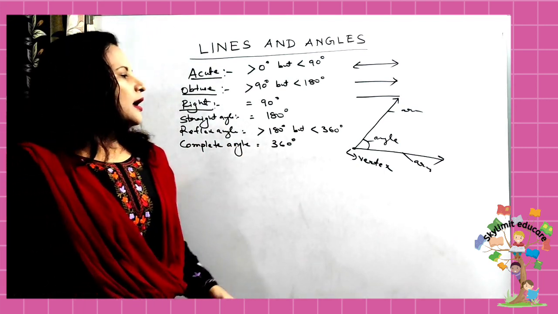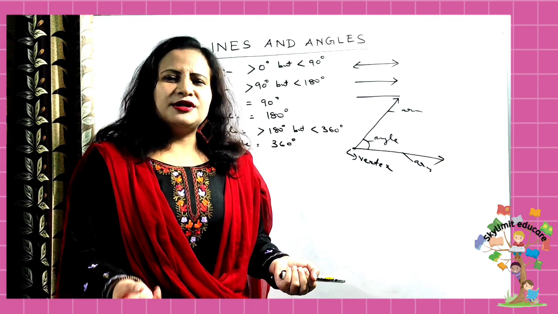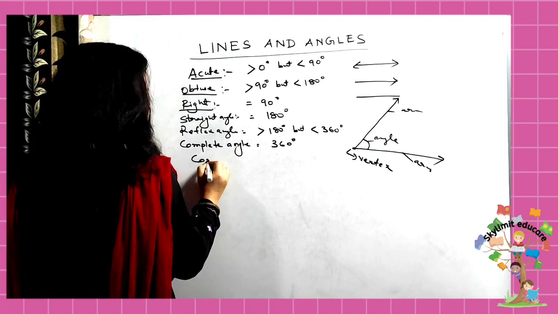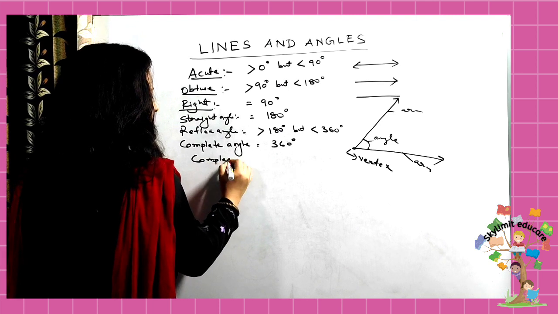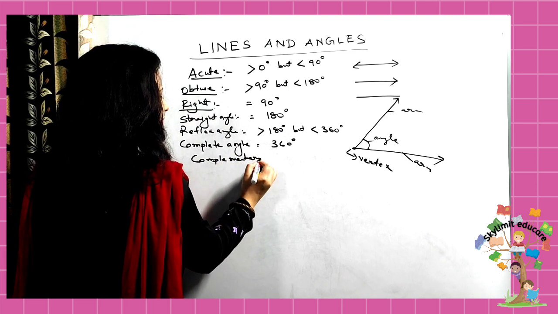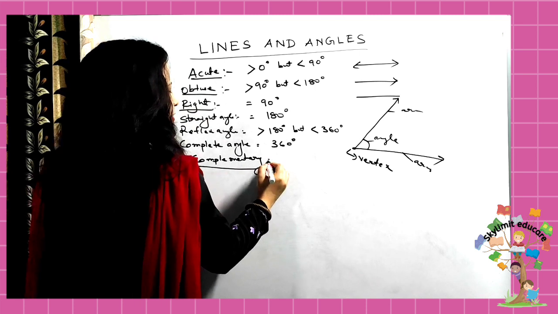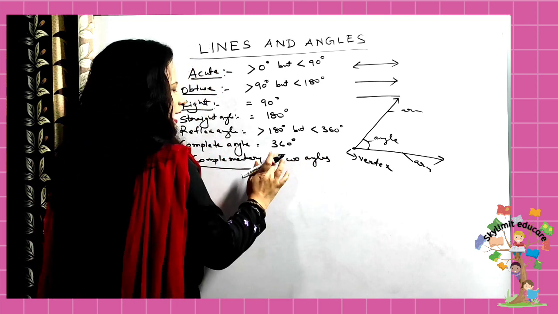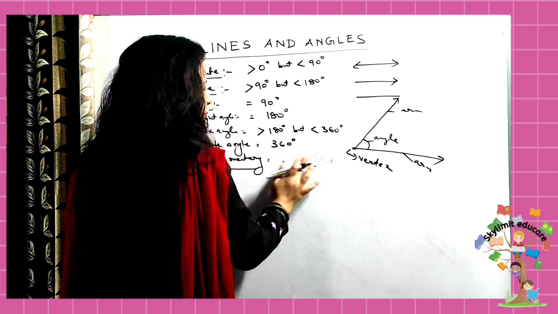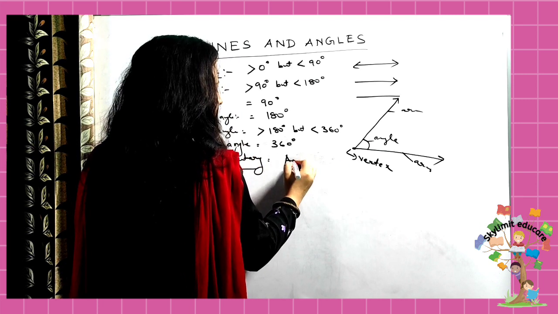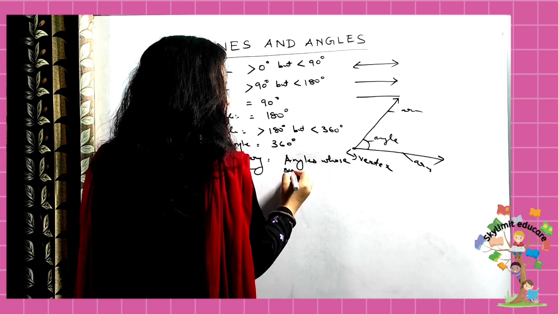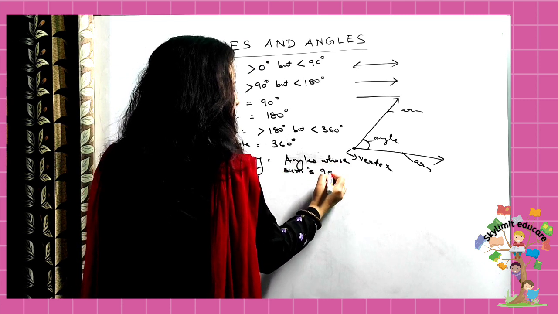Okay. Apart from that, students, you also have read about complementary and supplementary angles, right? Complementary: angles whose sum is 90 degree.